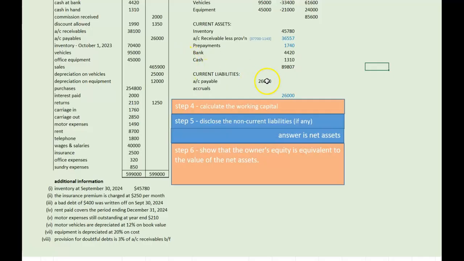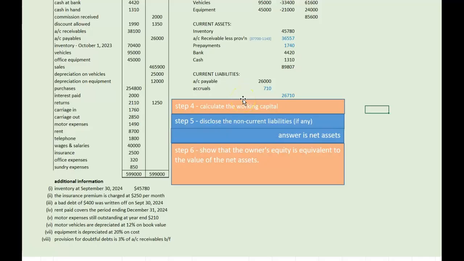So that means that our accruals would total $710. All right. So that means that the total current liabilities, when I add on the accounts payable, will be $26,710. Now step 4 says just subtract my current liabilities from my current assets and I will get working capital.